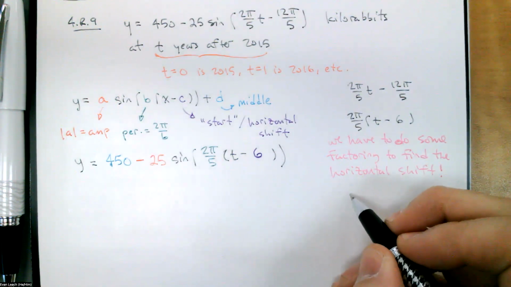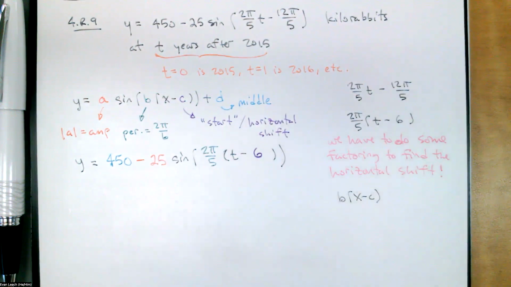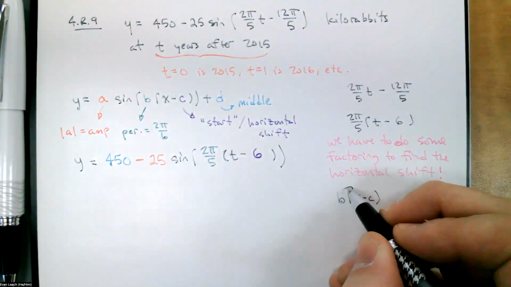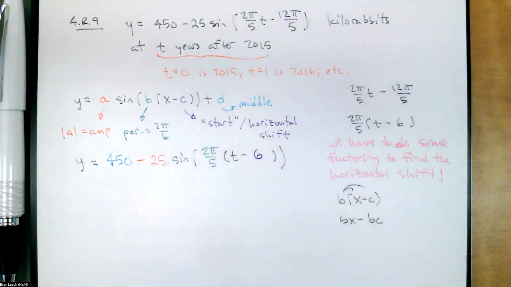This is the form we need to read stuff. B times x minus c. We can identify b and we can identify c. B parentheses the x minus c. The problem is the one that we're looking at, this has been multiplied out. We're actually looking at bx minus bc. So without parentheses between the b and the x, we're actually looking at bx minus bc.